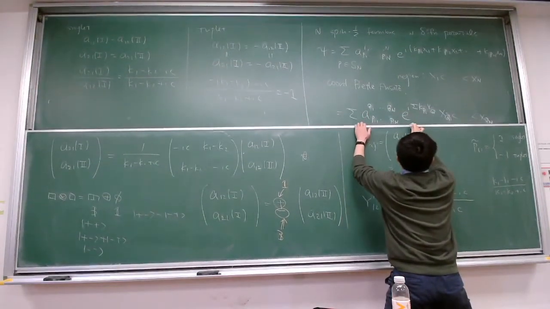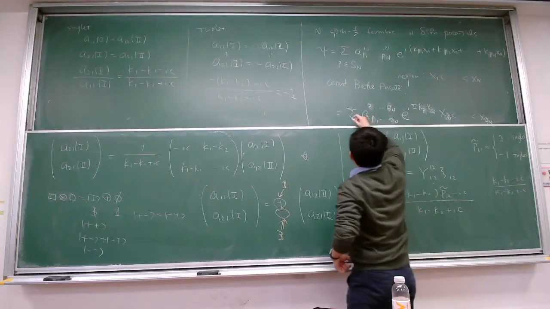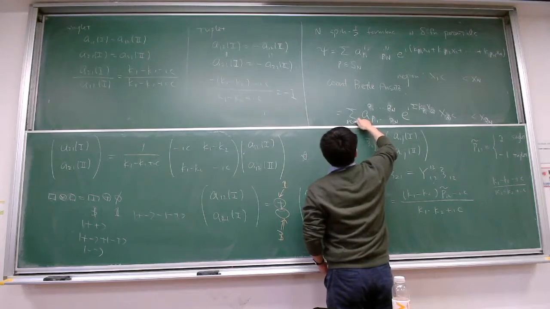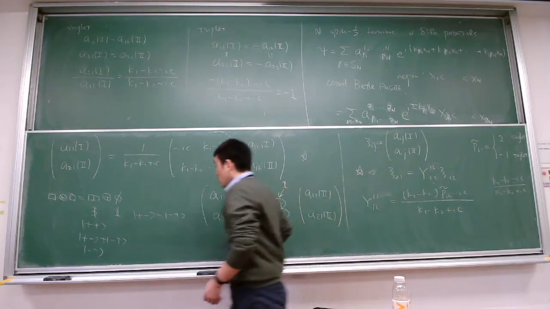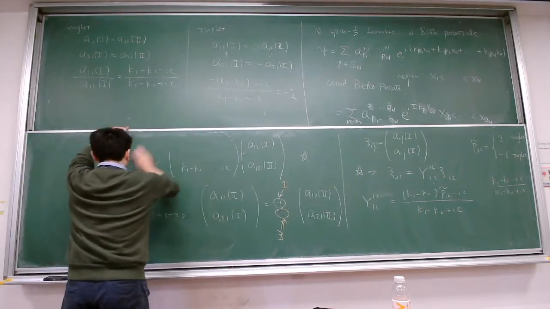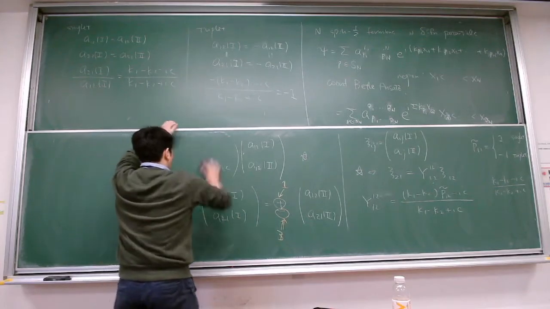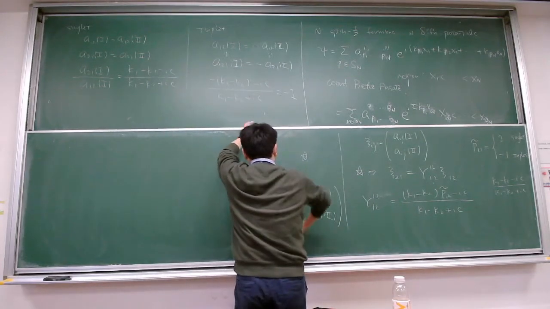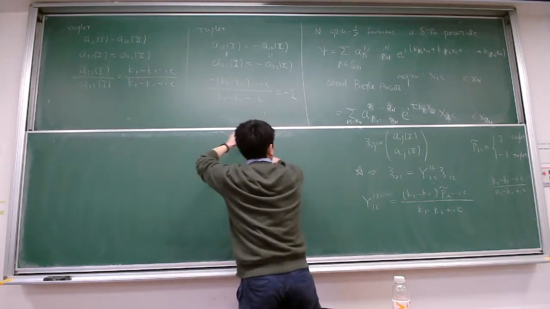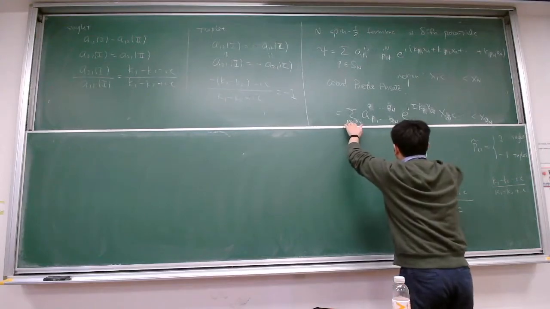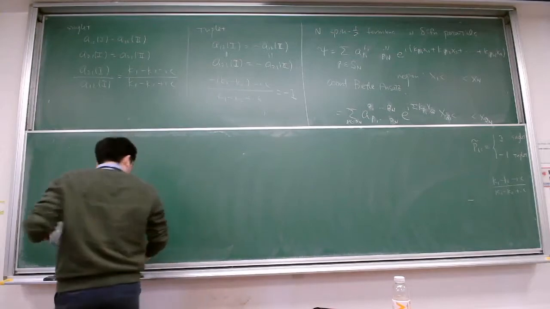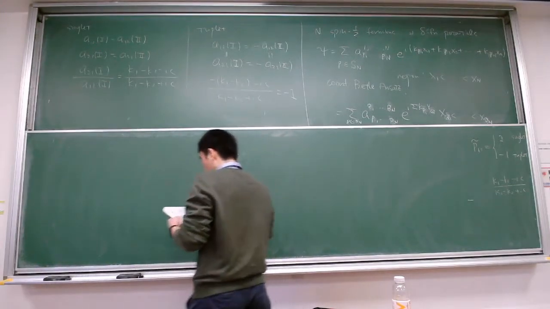So this is the coordinate, and this is the sum over P in S_n. Now we again introduce the following notation.